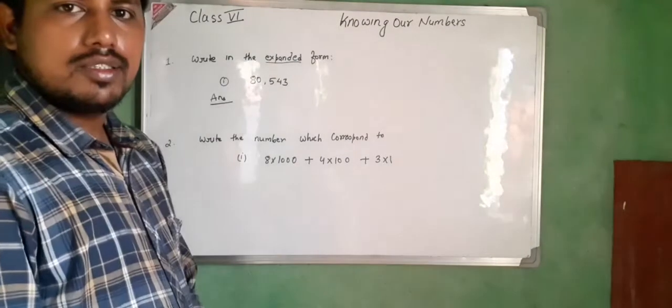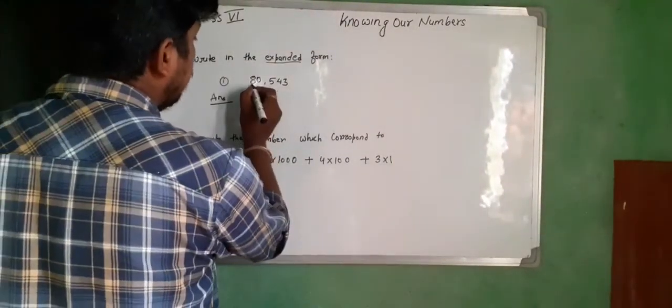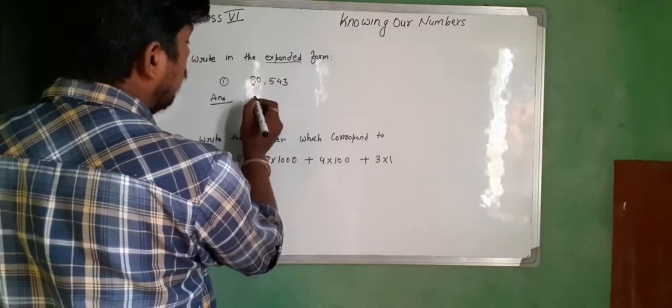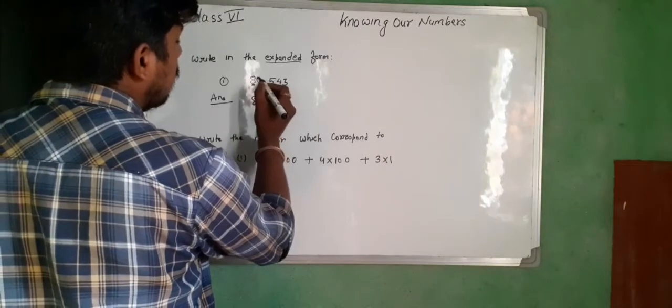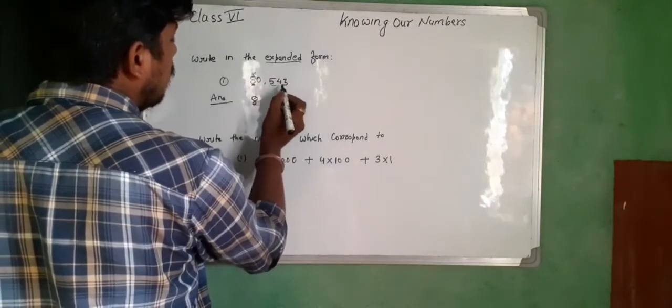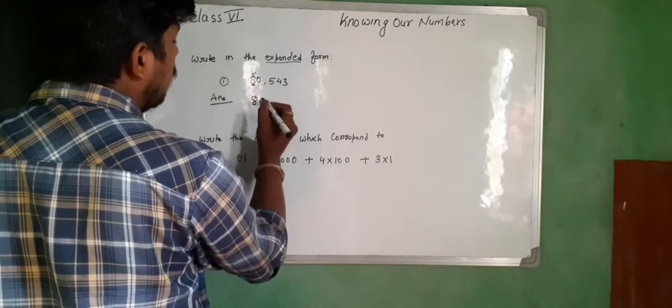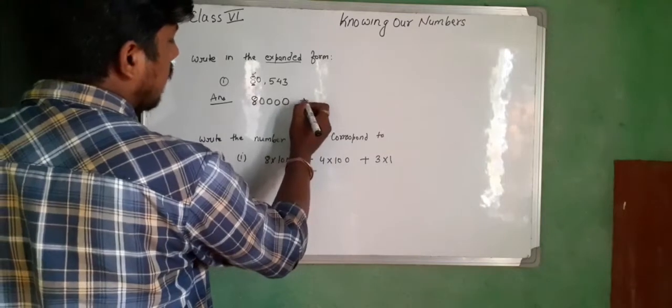There are many ways, but I think this is the easiest way. Write down the first digit, 8. After 8 there are 4 digits, so we put 4 zeros here, then a plus sign.